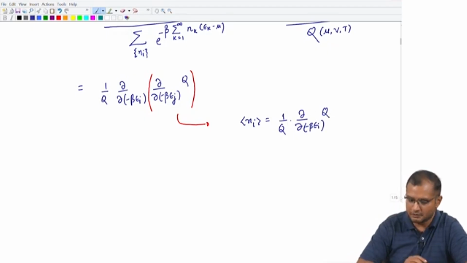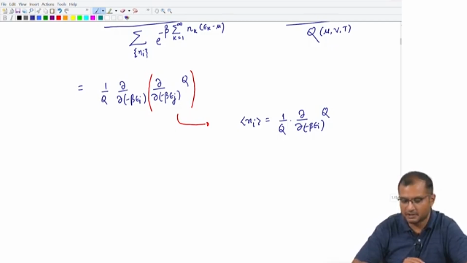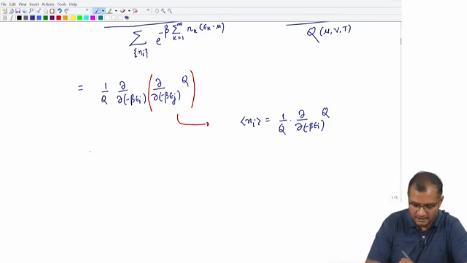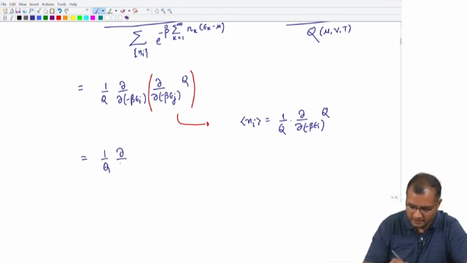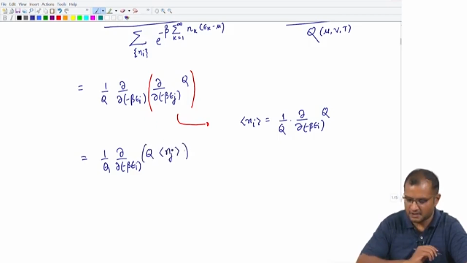Okay. So, which means the bracketed object under the red bracket is nothing but q times Nj, the average occupation number of the jth single particle level, q times. So, this is the bracketed thing.